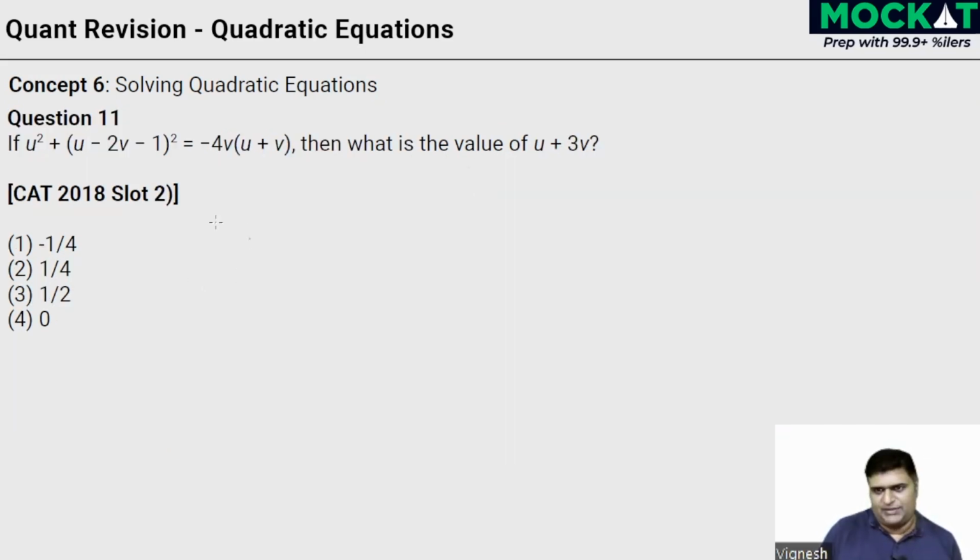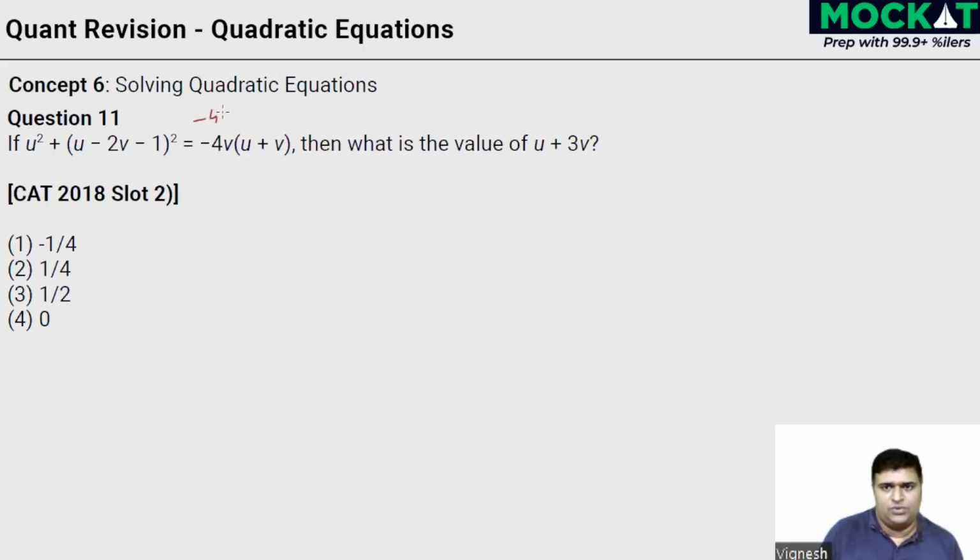So on to the next question. Looks like a quadratic equation over here. What do we have? We have u square plus u minus 2v minus 1 the whole square. It's one huge thing, and something over here, then what is the value of u plus 3v? Now u minus 2v minus 1 the whole square, I don't want to expand. I want to keep it as it is. I'm getting a minus over here, what is this giving us?